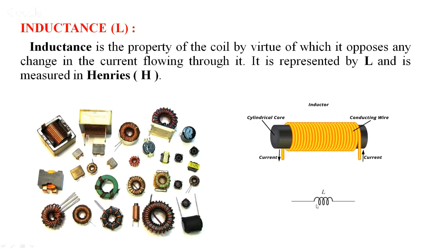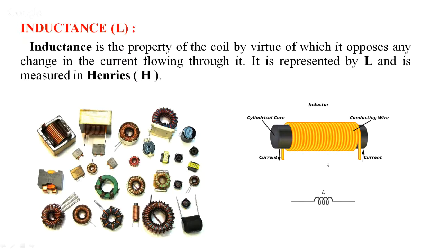The symbolic representation of an inductor is as shown here. It is in the form of a coil. And the figure shows the variety of inductors which are used. So inductance is the property of the coil by virtue of which it opposes any change in the current flowing through it.